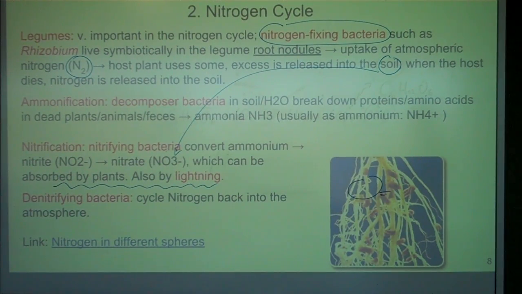Now, lightning can get you to nitrate, or nitrifying bacteria in legumes will then release nitrogen in the soil, which other bacteria will grab a hold of, change it to the point you get to nitrate again. So there's ammonification and then nitrification, and then you've got your nitrate again, which plants can use.